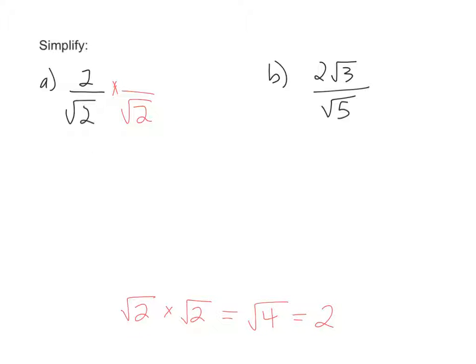Multiply something by root 2? We have to do it to both the top and the bottom, right? If I multiply by root 2 over root 2, then it's okay to do that. Because what's root 2 over root 2 equal to? 1. Yeah. And if you multiply something by 1, it stays the same. It doesn't change its value.